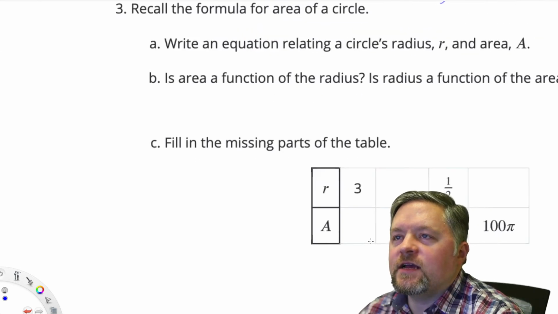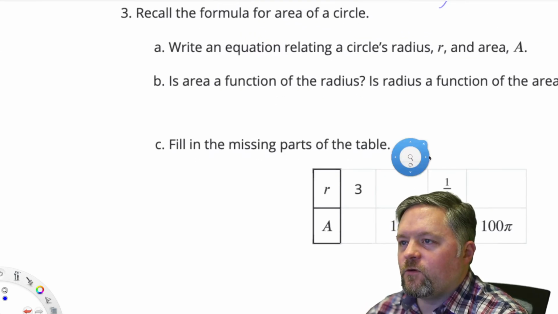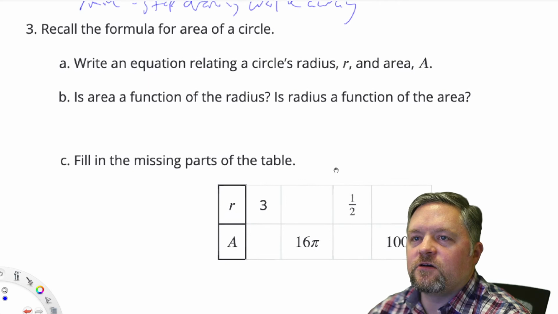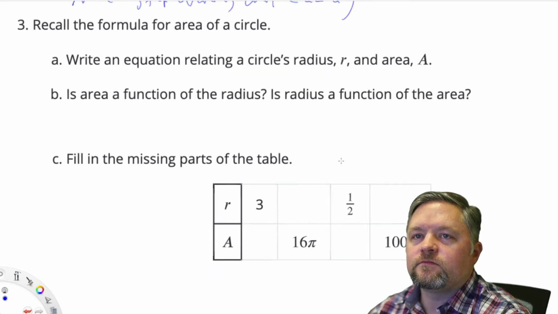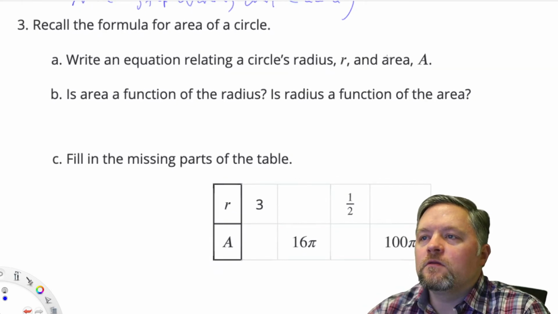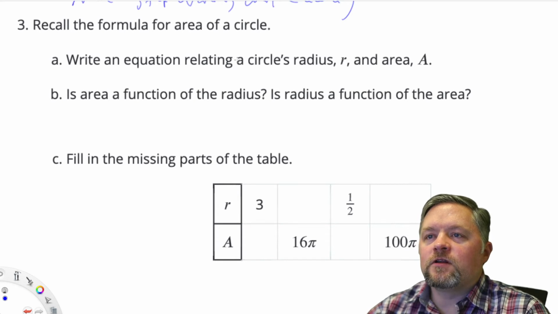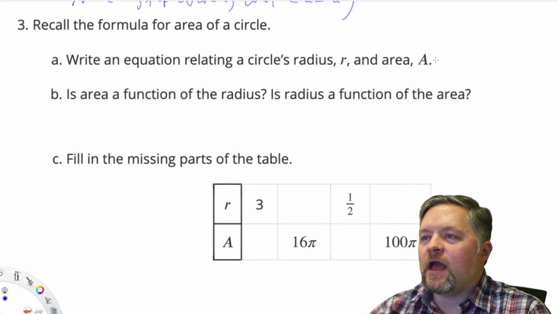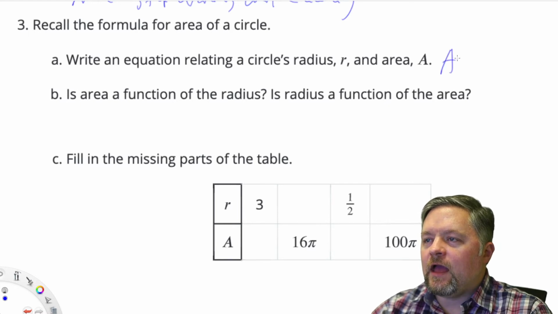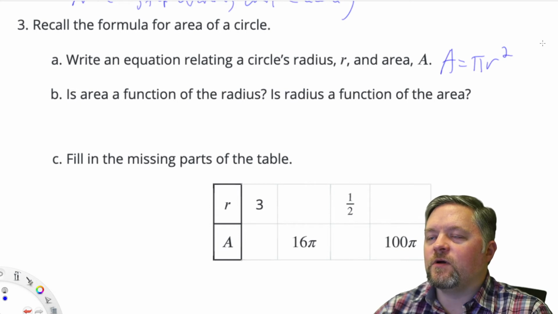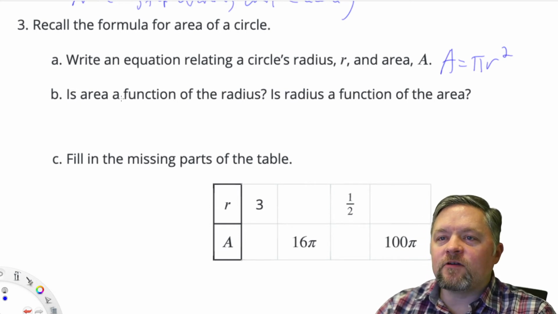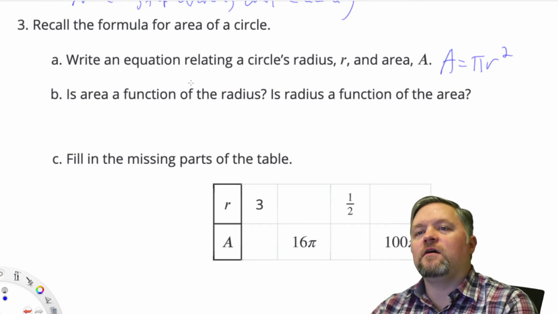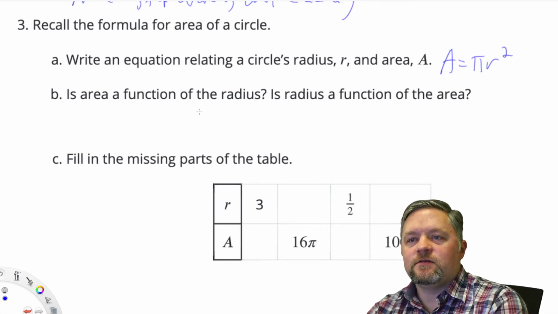What is next? Recall the formula for area of a circle. Write an equation relating a circle's radius r and area a. A equals pi r squared. Is area a function of the radius?